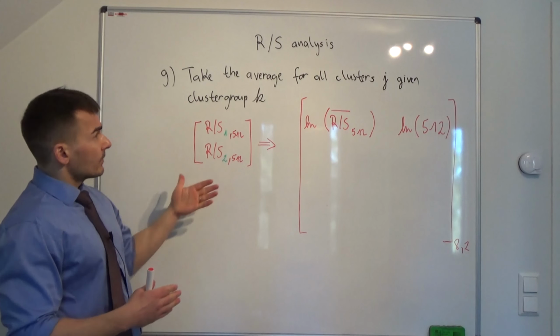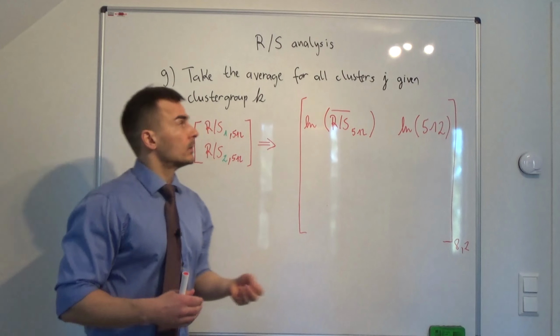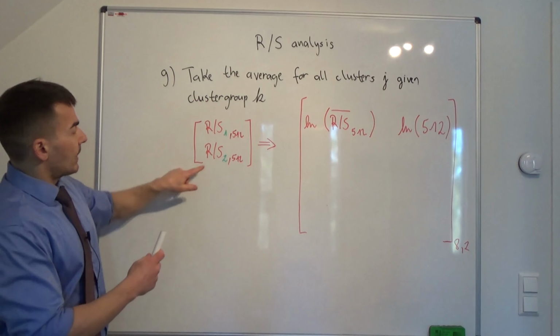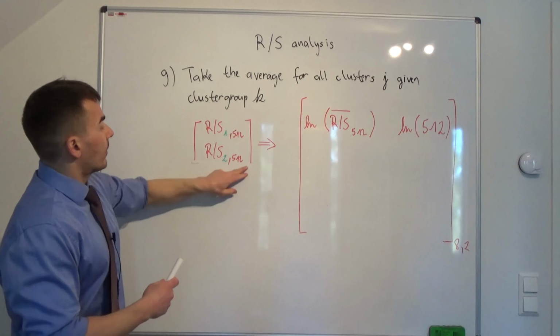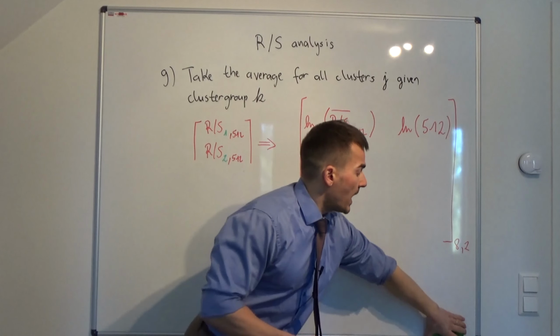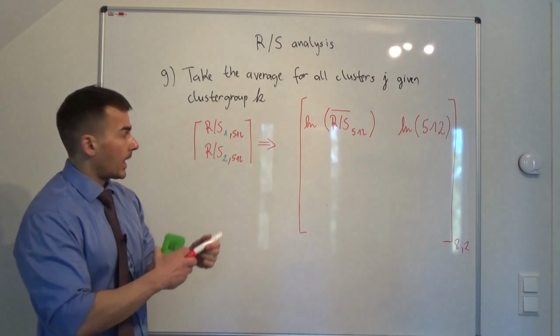So in the next iteration, if I would be equal to 2, obviously this vector here would then expand, because we have then 4 categories.